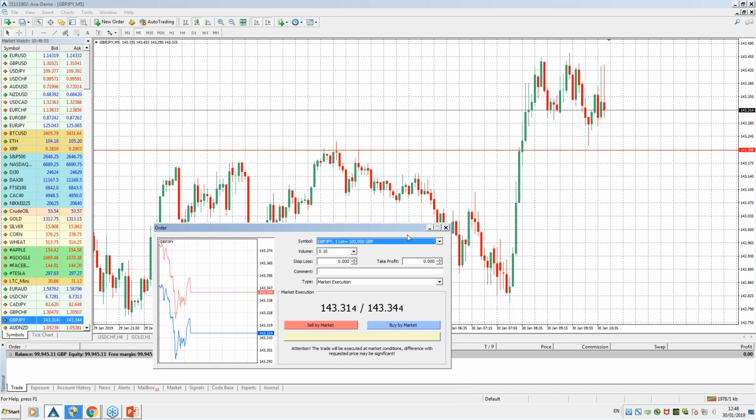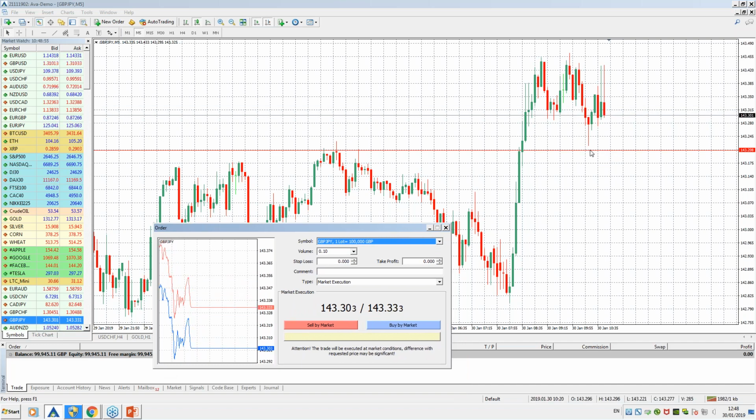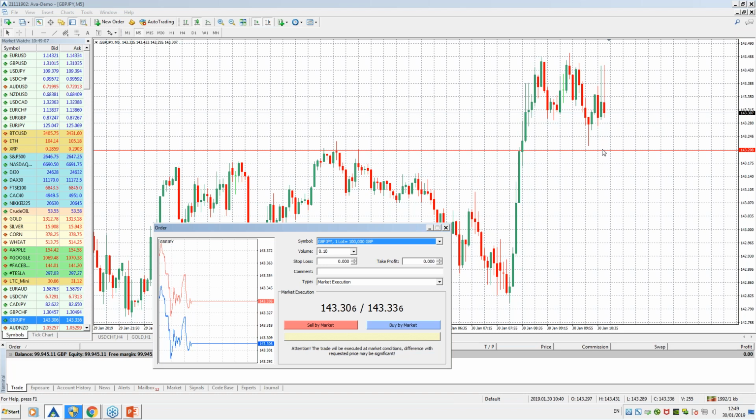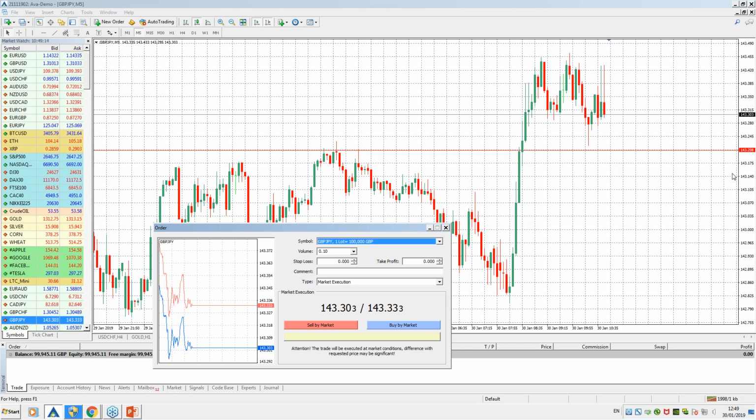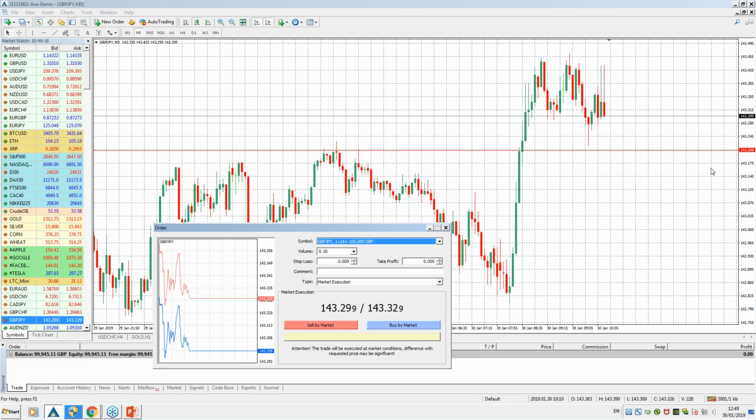So let's take a look. If I want an entry point below the support, someone give me a number. What's a good entry point to say if it goes this low, then it broke the support for the GBP JPY? And you might not be able to read the numbers on my screen. This line right here is 143.175.